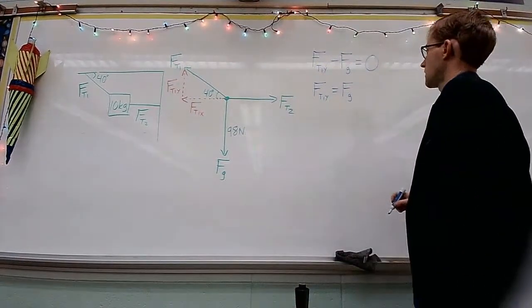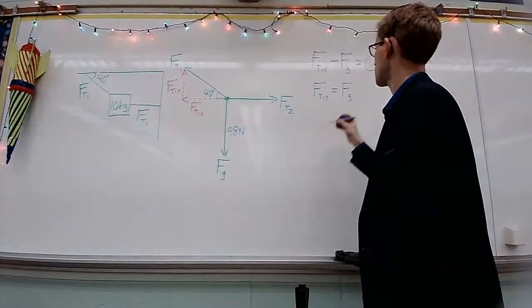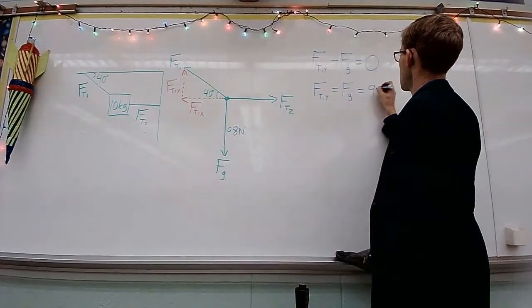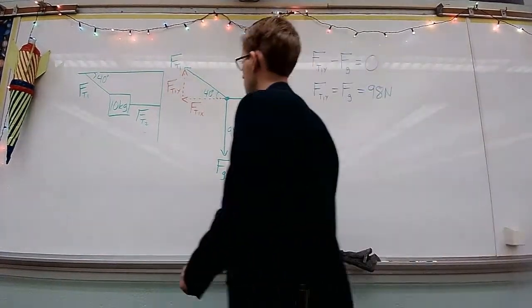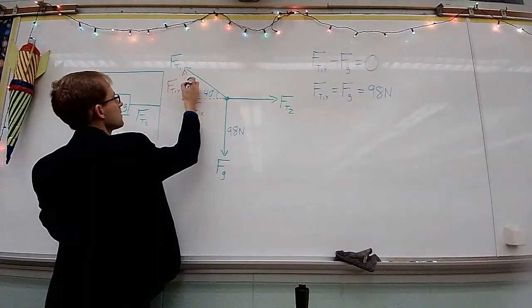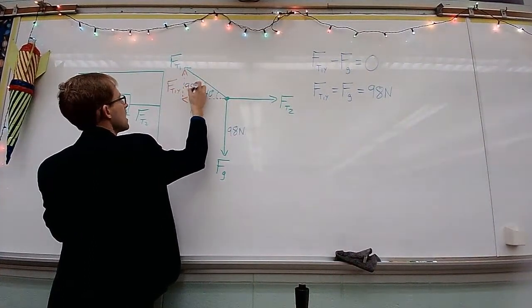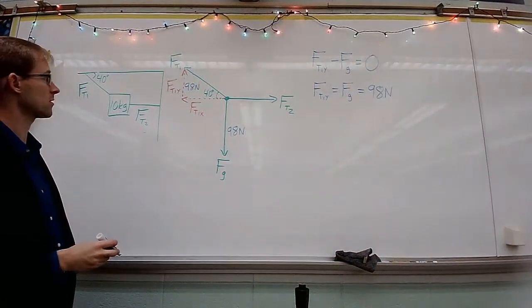And look at that. Tension 1 in the y direction is going to be equal to force of gravity, which is 98 newtons. So that means that this opposite side of the triangle is 98 newtons.